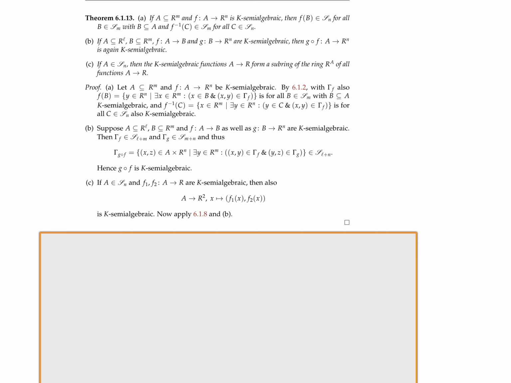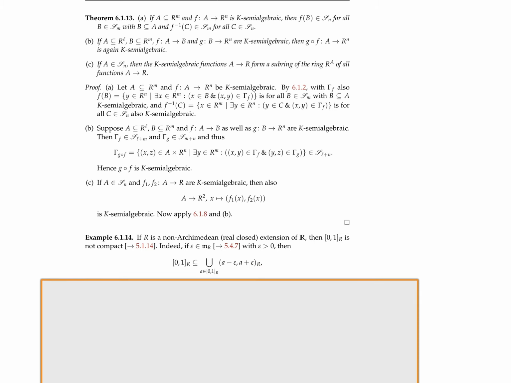So this is very natural, and now let's turn to something a bit more complicated. For subsets of real numbers, we have this notion of compactness.